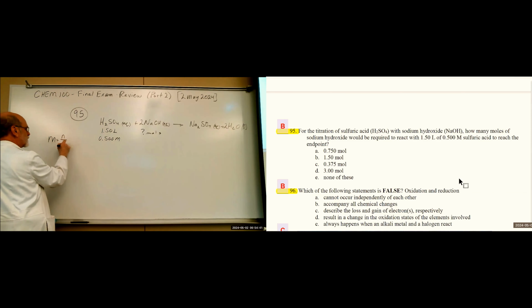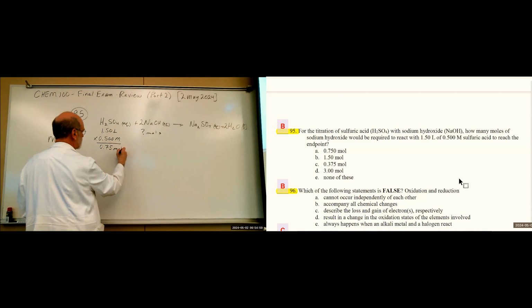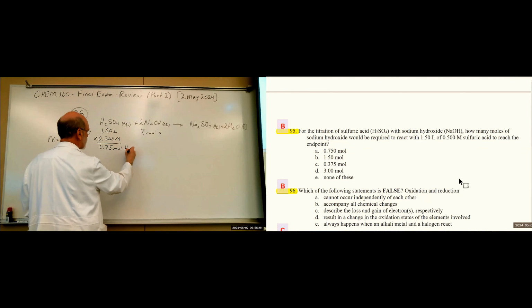If we want to know moles, solve for moles: molarity times volume. All right, so that's 0.75 moles of sulfuric acid.